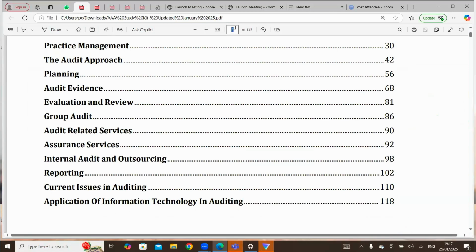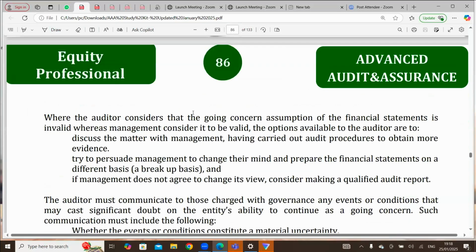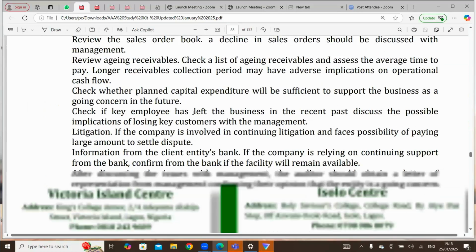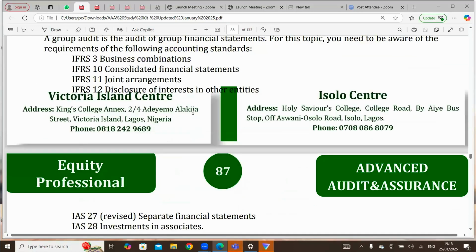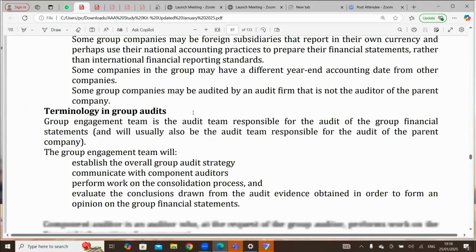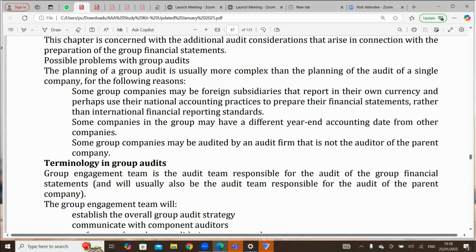So if you're just coming to class, good evening. We are discussing group audits today. We really just started with the possible problems with group audits.